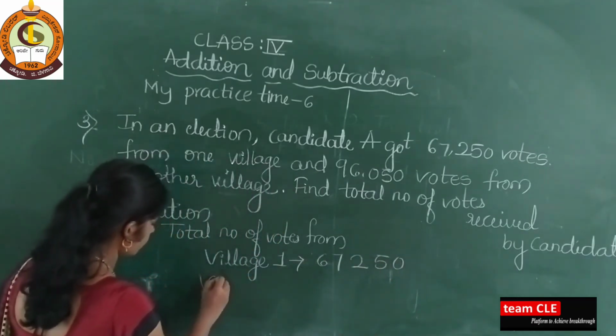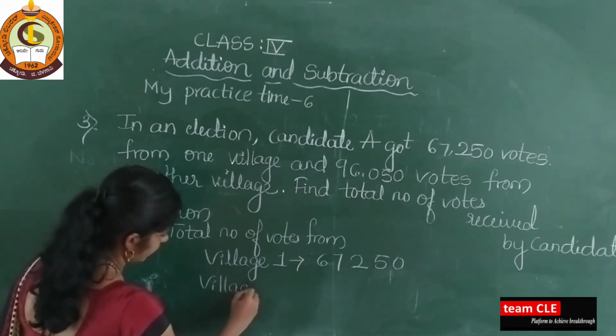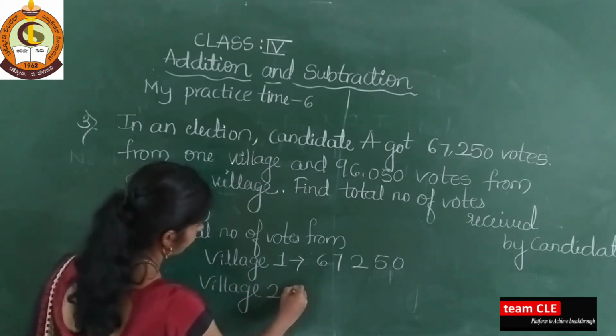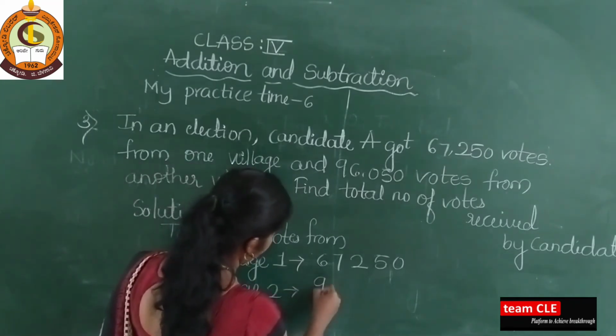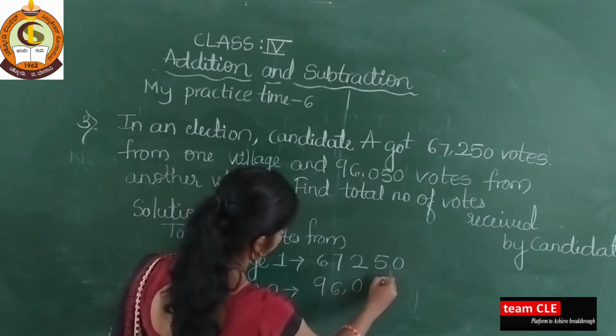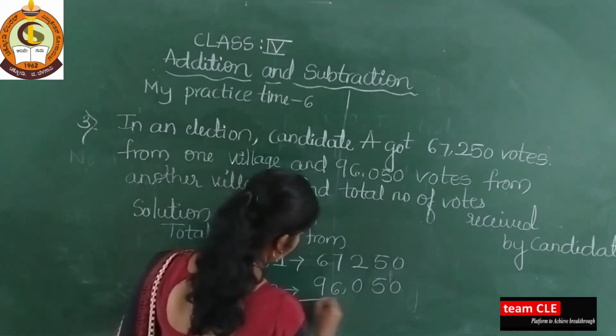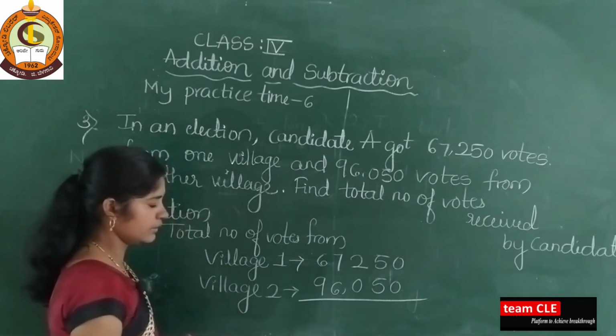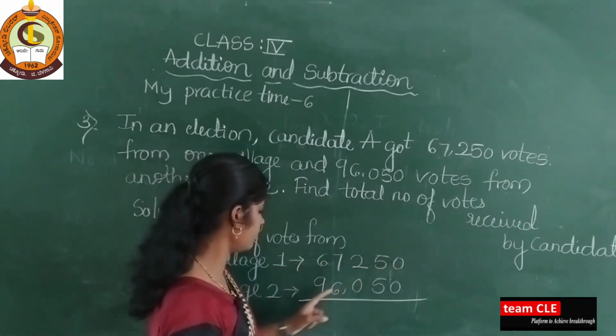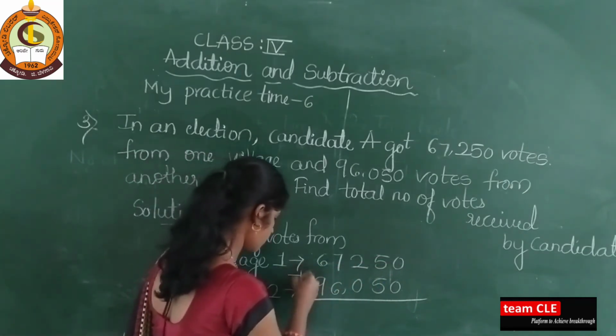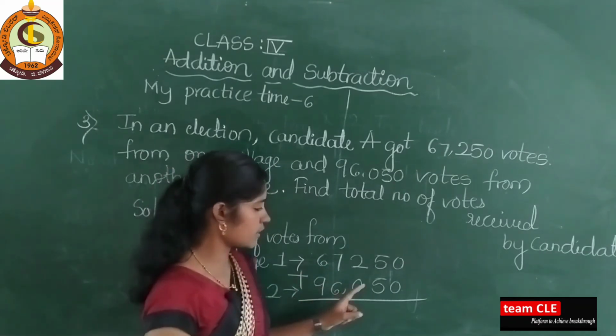From village 2, how many votes did he get? 96,050. Now you need to add the numbers 67,250 plus, you need to put the sign here also, 96,050.